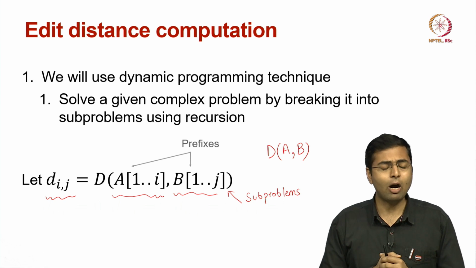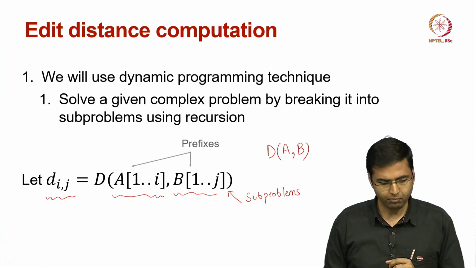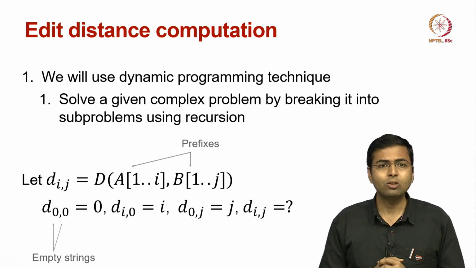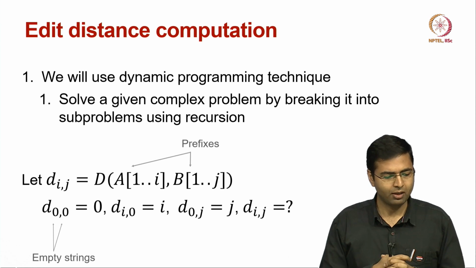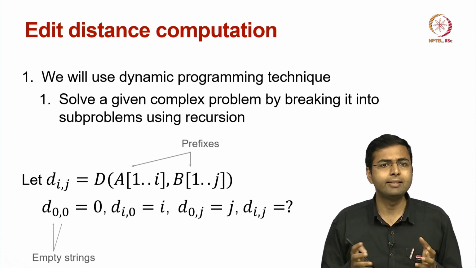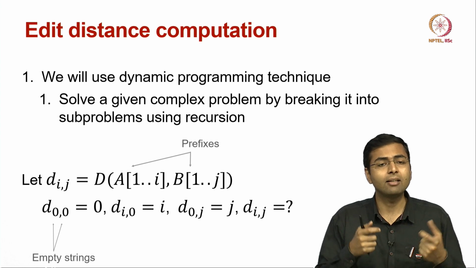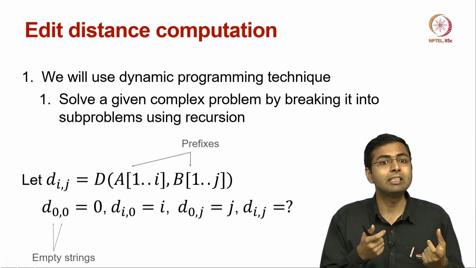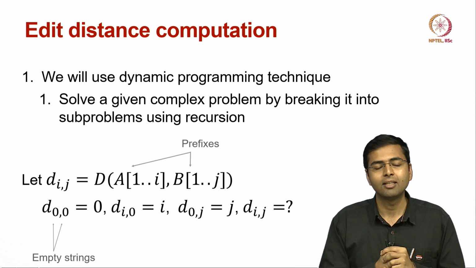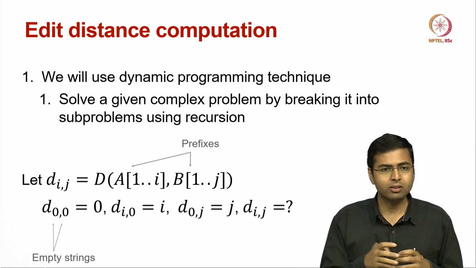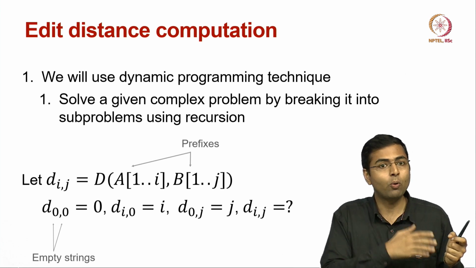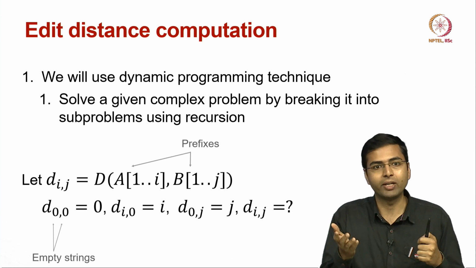So, let us see how this is going to work out. First, let us look at some trivial scenarios. What if i and j are 0, meaning that we are considering the edit distance between two empty strings? Well, that is going to be 0, because I do not need any edit operation to convert an empty string to another empty string.